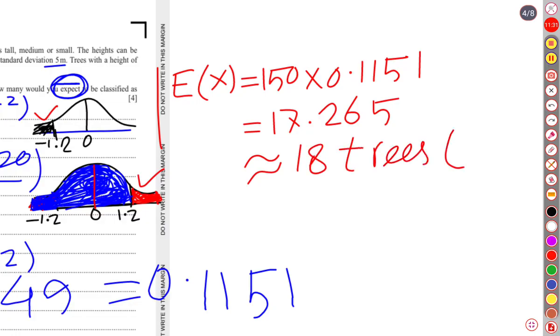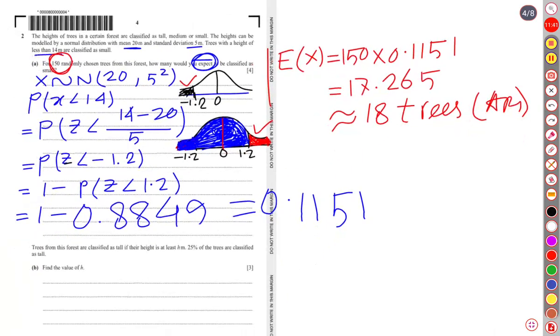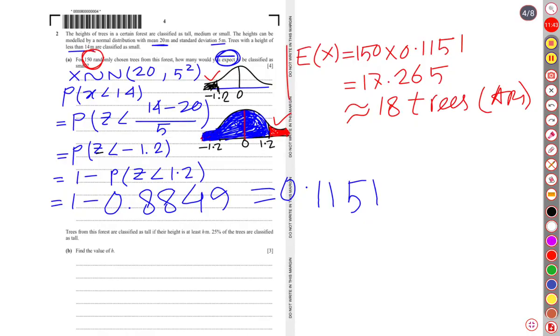Remember, the number of trees is always a whole number, an integer. So if we convert 17.265, you can write either 17 trees or 18 trees. According to me, it actually means the mean value is more than 17, so more than 17 means it will be 18 trees.